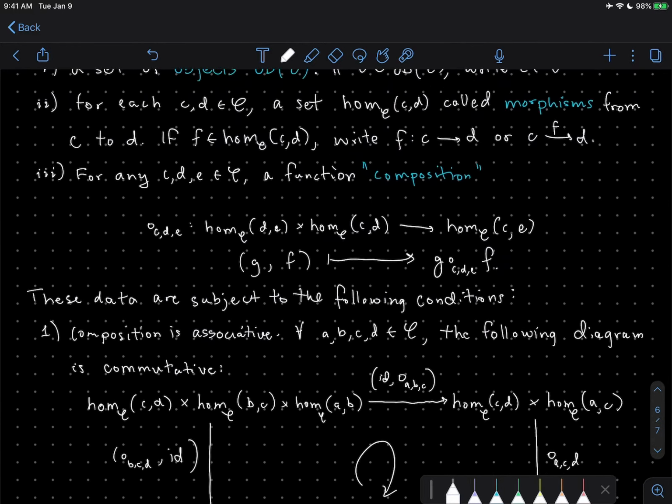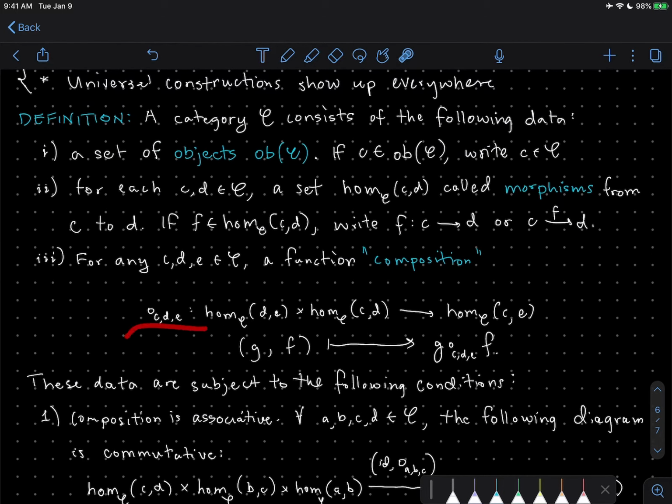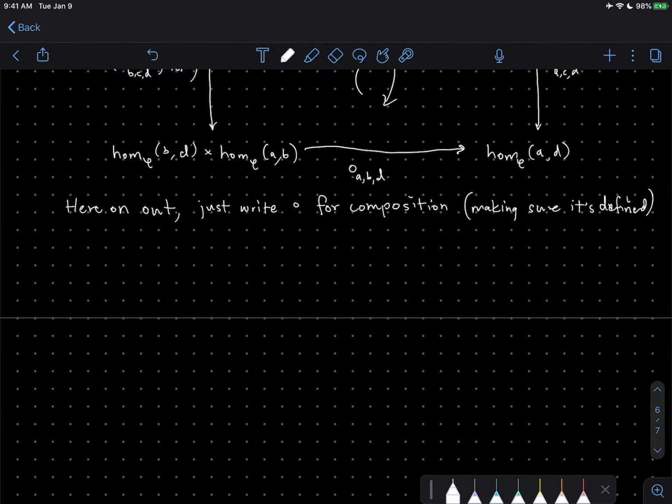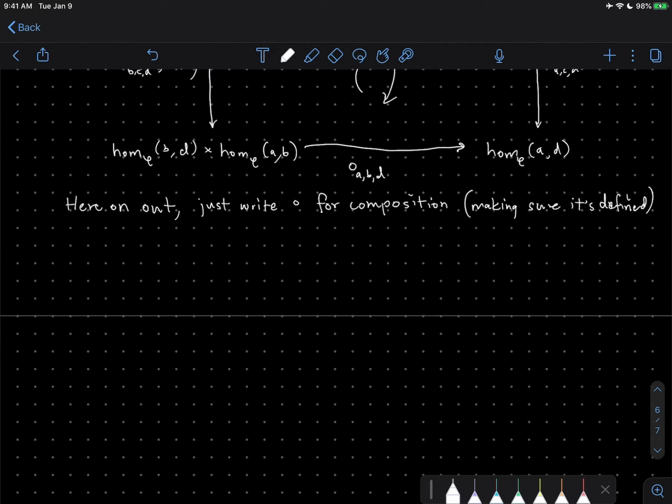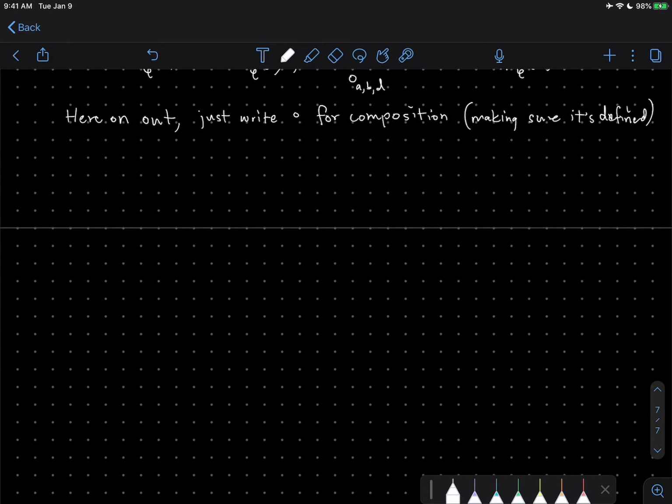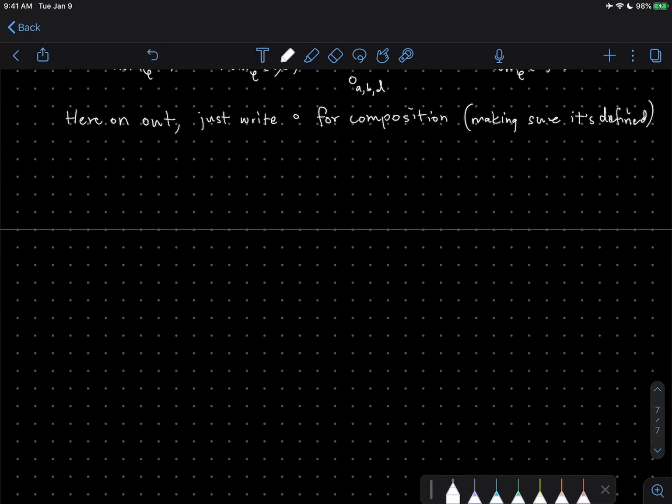Since you can think of the collection of all composition functions as being a partially defined function on the union of all the Hom sets. Partially defined because it's only defined when it takes in two functions that have compatible domains and codomains. All right, so that was the first condition.